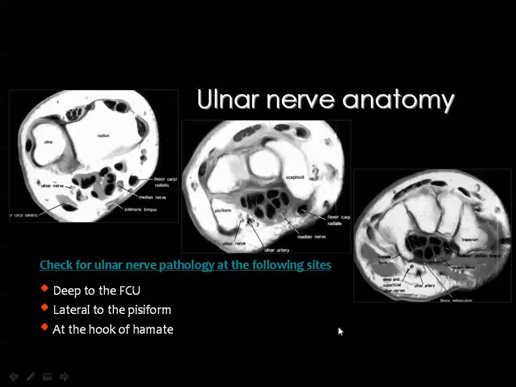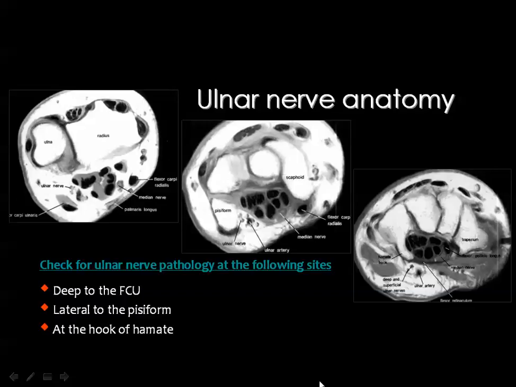Number 2, medial or along the inner border of the pisiform, lateral to the pisiform, through the Guyon's canal, which is a canal superficial to the carpal tunnel. Then the last site is at the tip of the hook of the hamate. And here you can identify the ulnar nerve, also the ulnar artery.